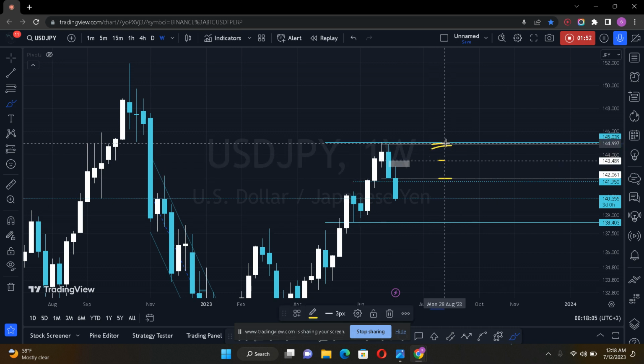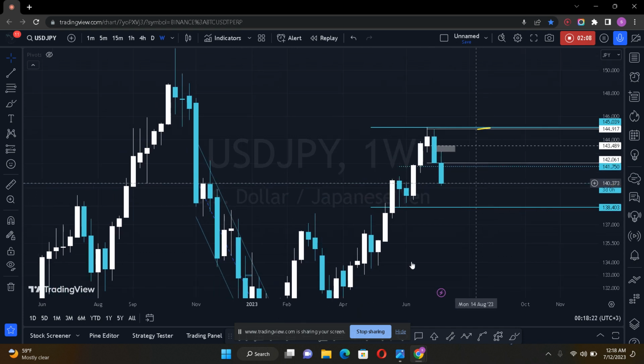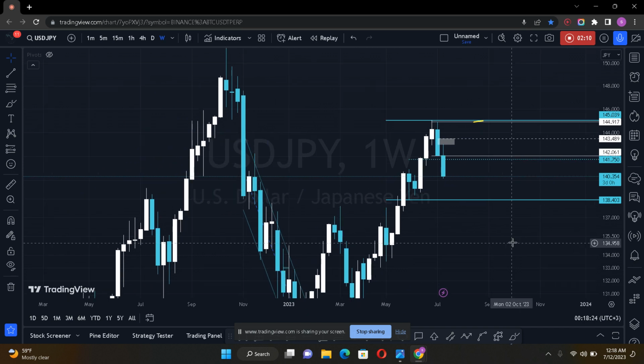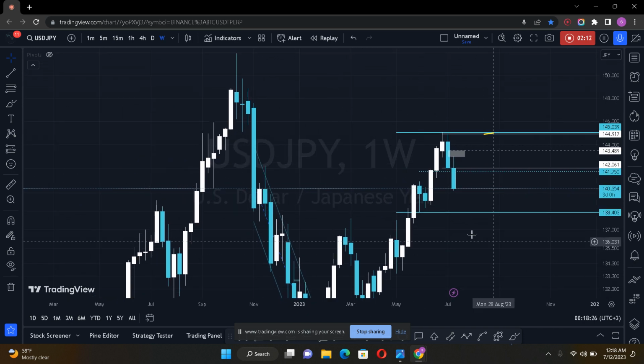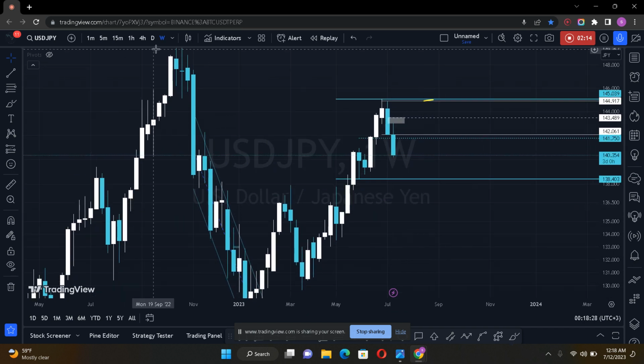So this is the previous week's high, previous week's low, and previous week's mid-range. So we can see that price is already trading below previous week's mid-range, and we can also see that we're trading below the previous month's mid-range as well.